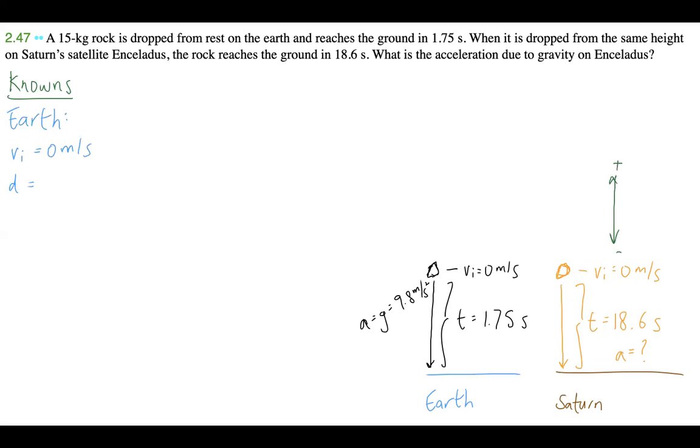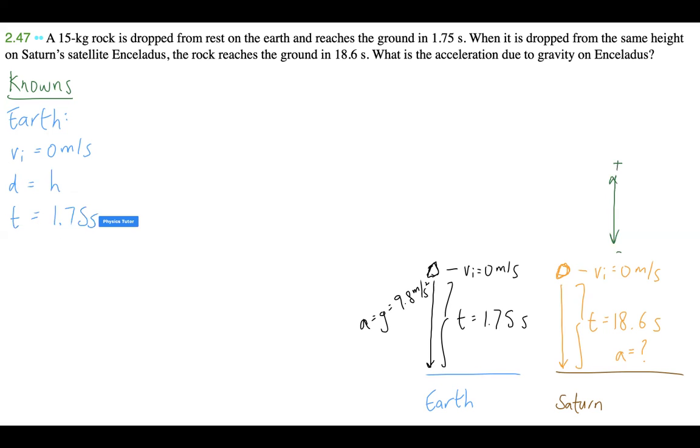Since the rock is being dropped, it's traveling downwards, which means we're going to have a minus h. It's implied in the question, and when we solve, it's going to turn out to be minus h. So we can just write that it travels a distance h, or a displacement h. Then the time it takes is 1.75 seconds.